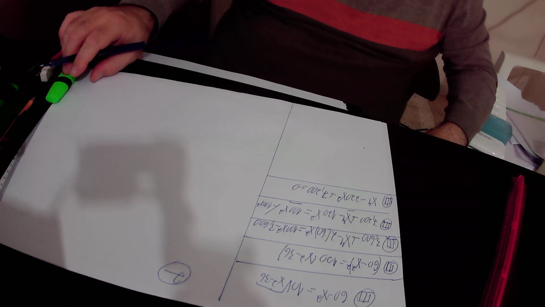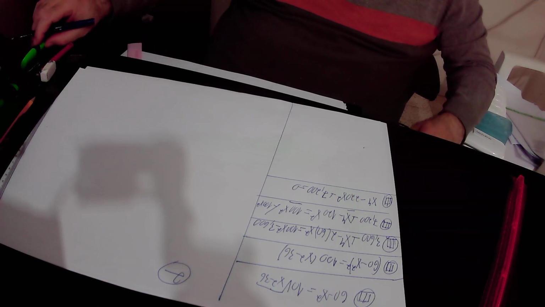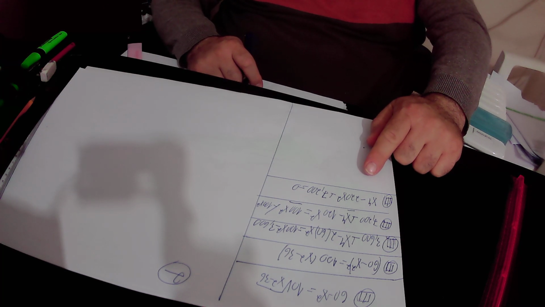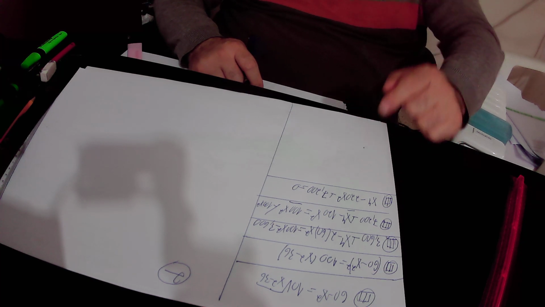So here we will substitute minus 220 x squared by minus 180 x squared minus 40 x squared.